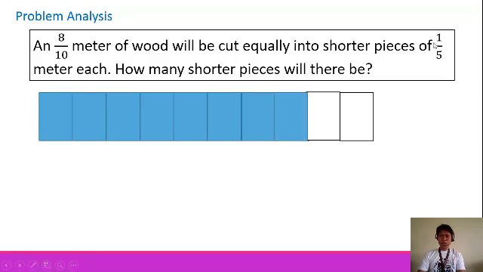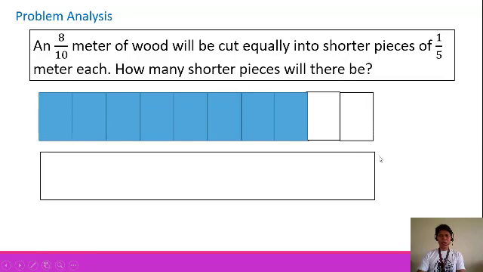Next, we are going to identify how many 1/5 meter. So we need to draw 1/5, but there should be equal sizes in terms of the rectangle. So we are going to make use of the same length, the same size, and then we are going to draw 1/5.